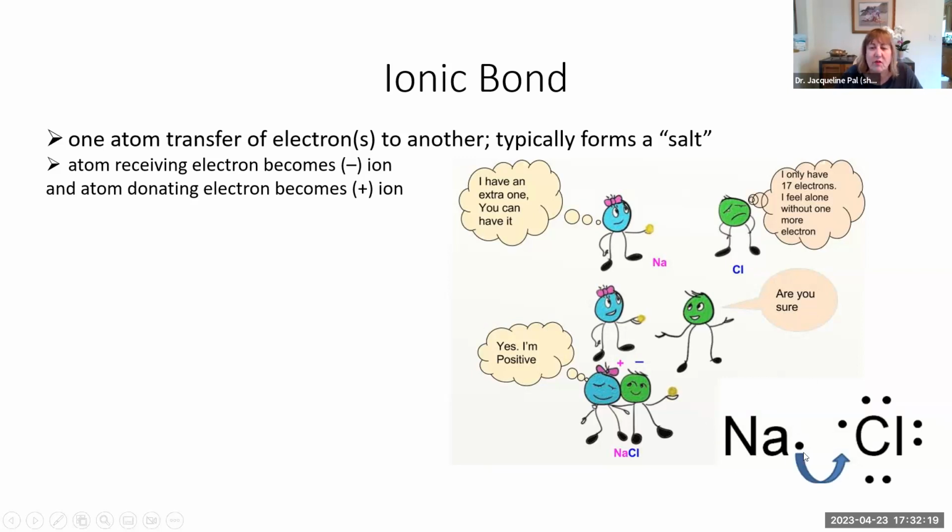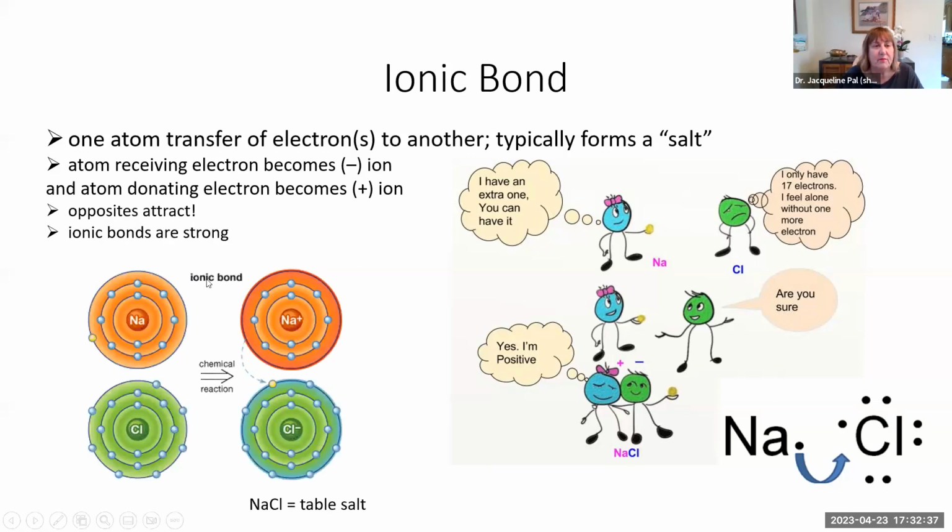And so this is showing what it is. Sodium has 11 electrons, so it's giving up 1. So now sodium will have 2 shells full, and now chloride will have 18 electrons, so it will have 3 shells full, and they're very happy with each other. And these ionic bonds are very strong.